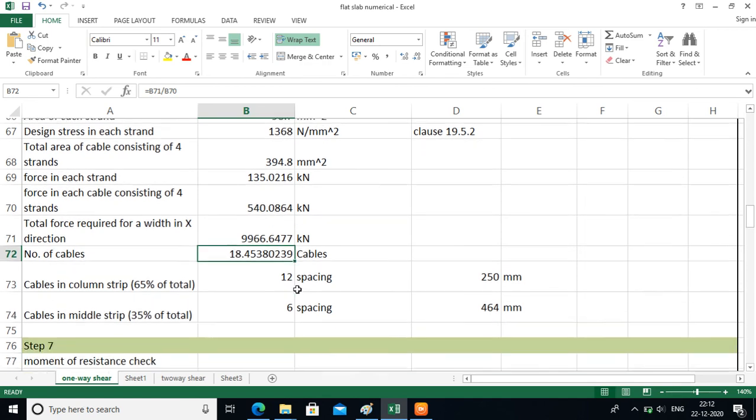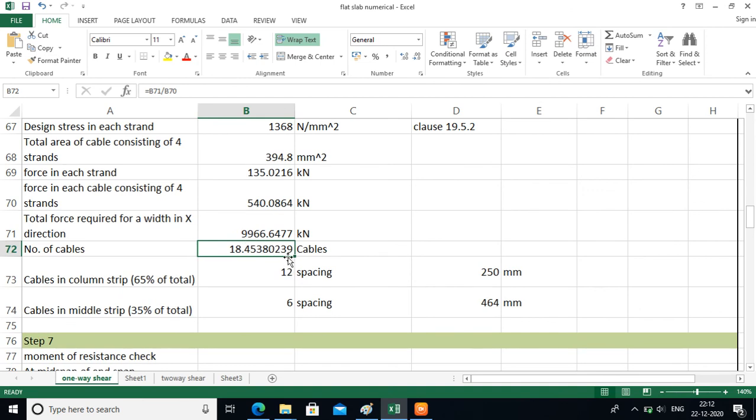Now these total 19 cables, how are we going to provide them? Because in the analysis part, and also in the basics of the design of a PT flat slab, we divide the slab into various strips, that is the column strip and the middle strip. So we are going to divide these cables in the two spans, here approximately 12 plus 6, meaning 18, I have considered over here.